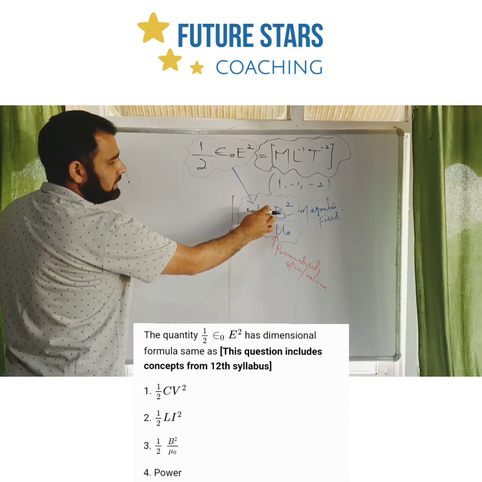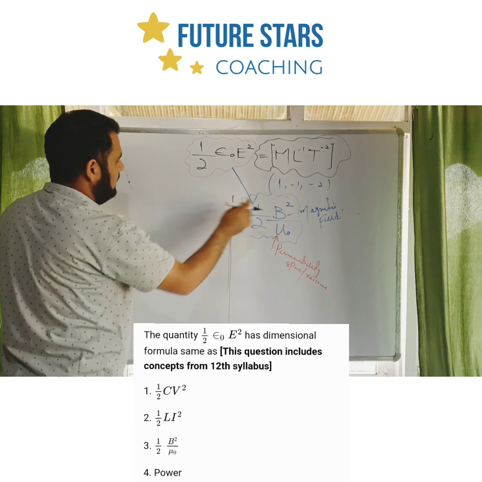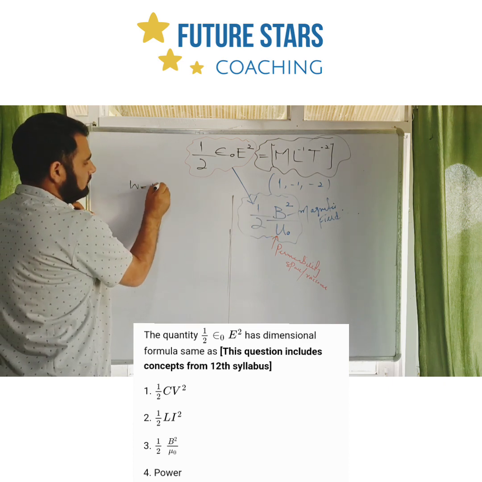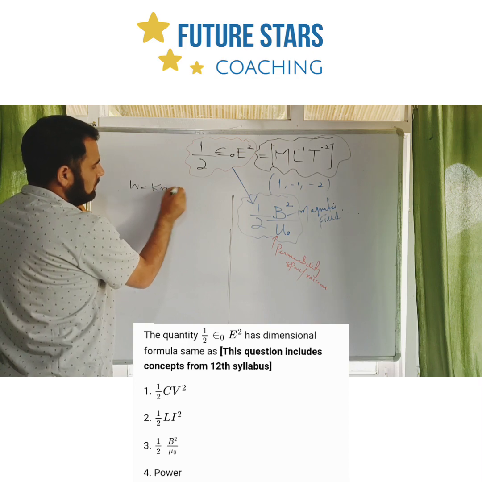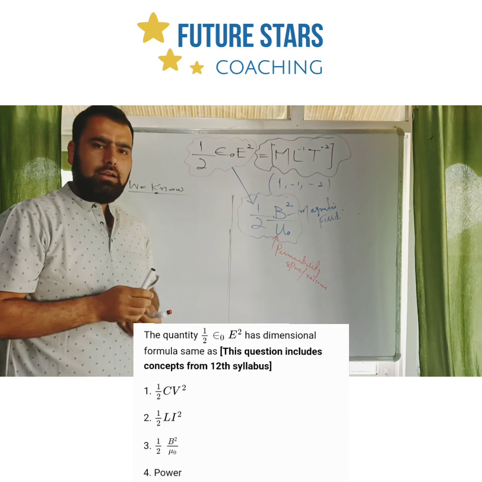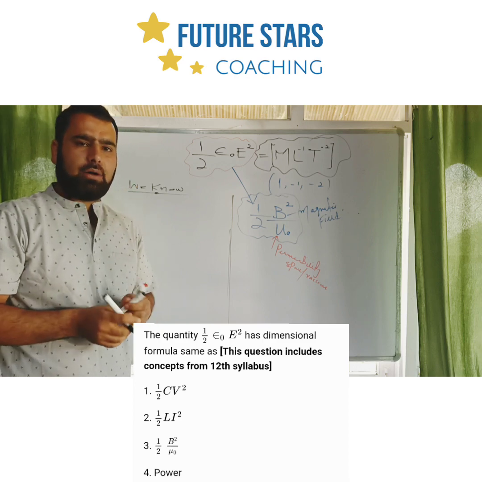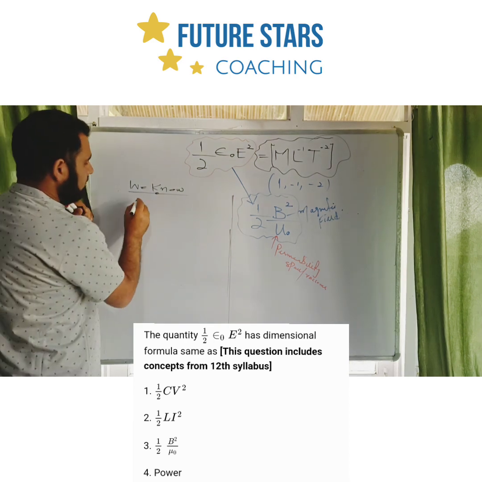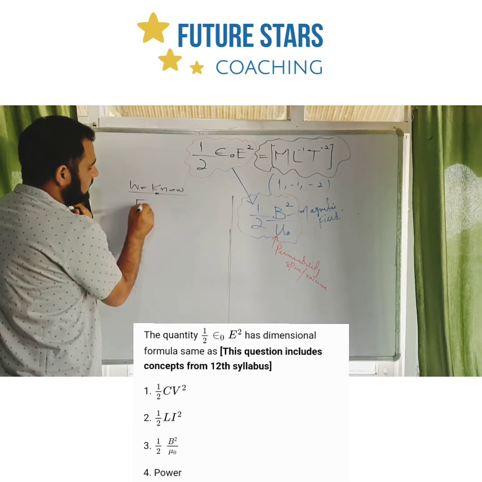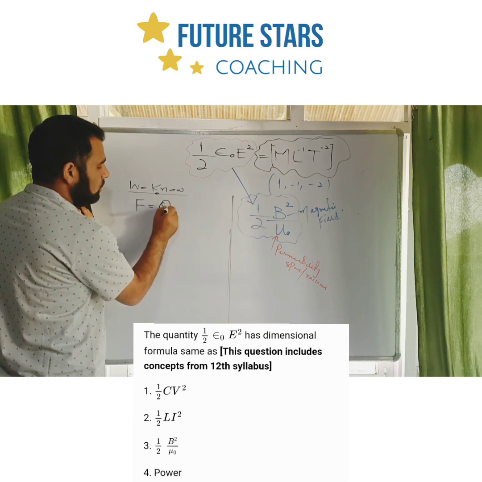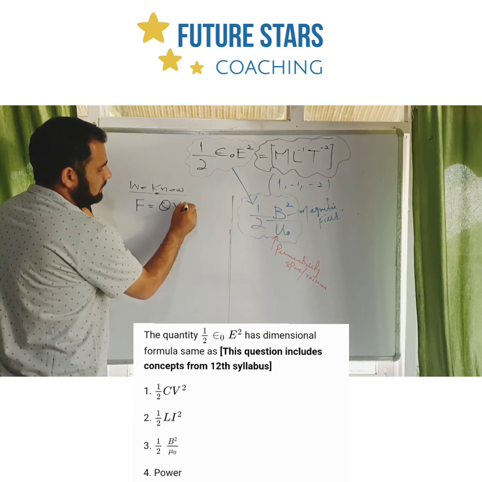Now, first thing is B, the magnetic field. We know from the concept that the force experienced by a moving charge inside a magnetic field is given by QVB.